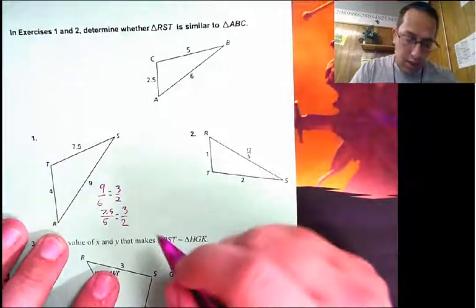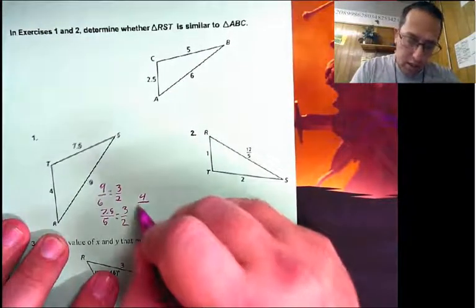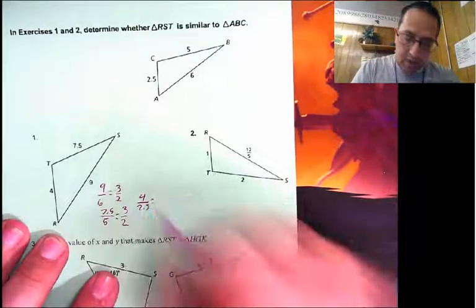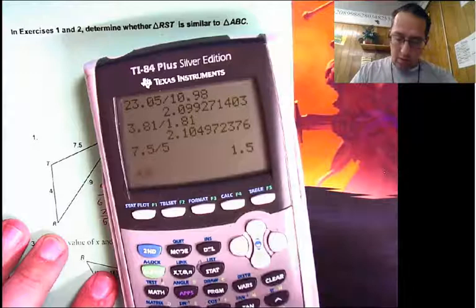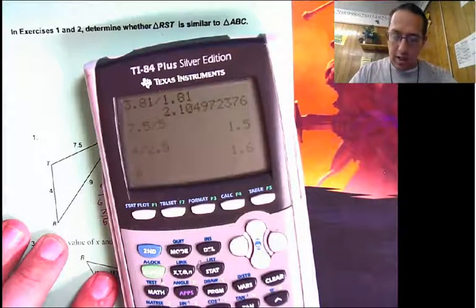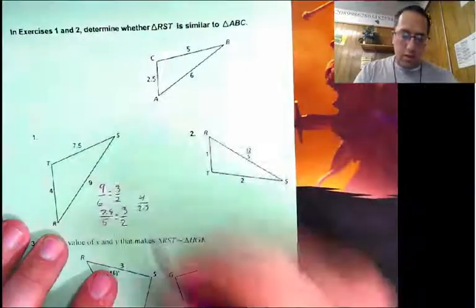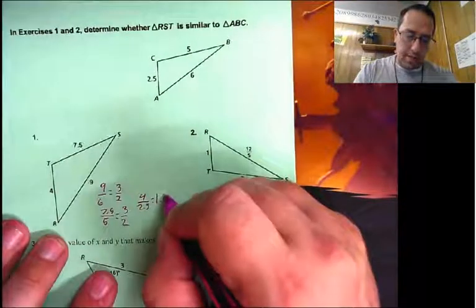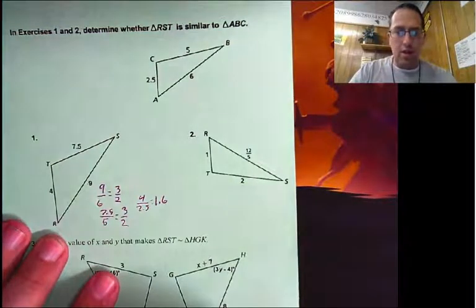TR and CA. So TR is 4. CA is 2.5. And see what we get here. 4 over 2.5 is 1.6. 1.6, which is not the same as 3 halves.